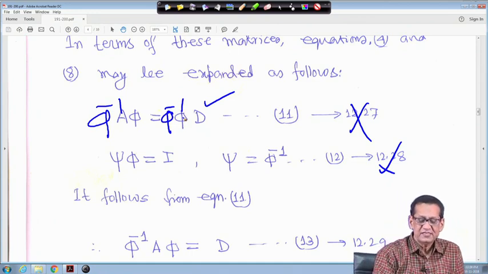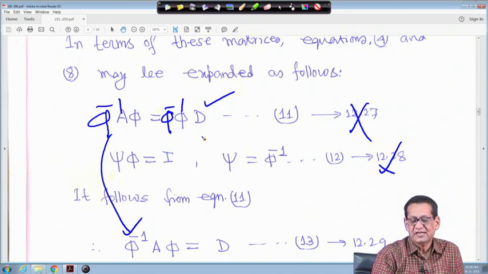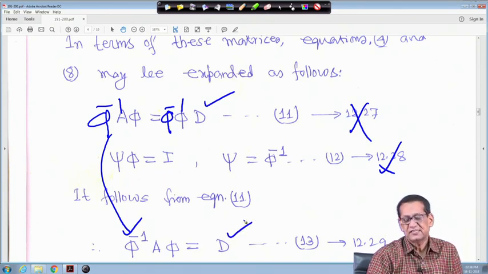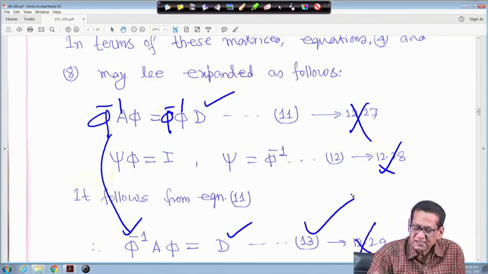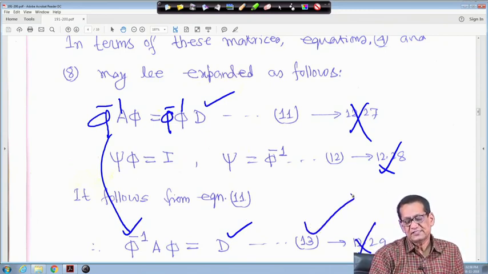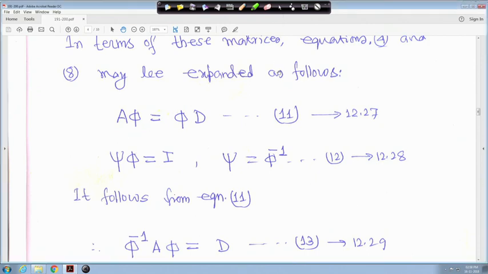So it is phi inverse A phi, and phi inverse phi is the identity matrix, so it is D only. This is equation 13. So, phi inverse A phi is equal to the diagonal matrix D, whose diagonal elements are the eigenvalues of the matrix A.